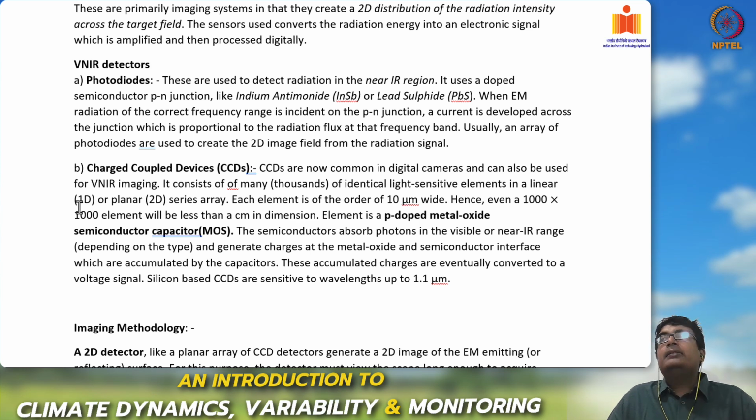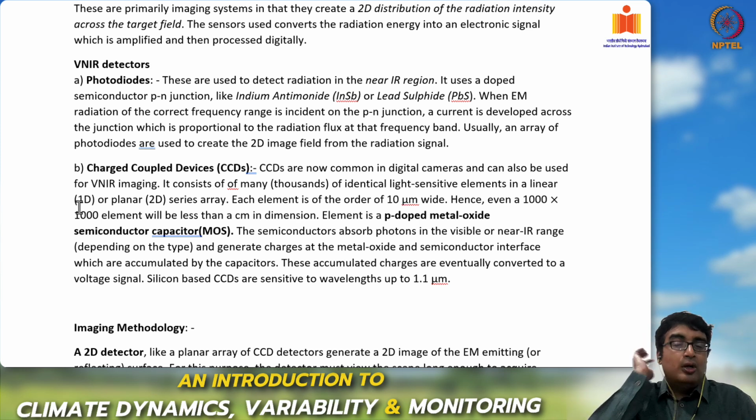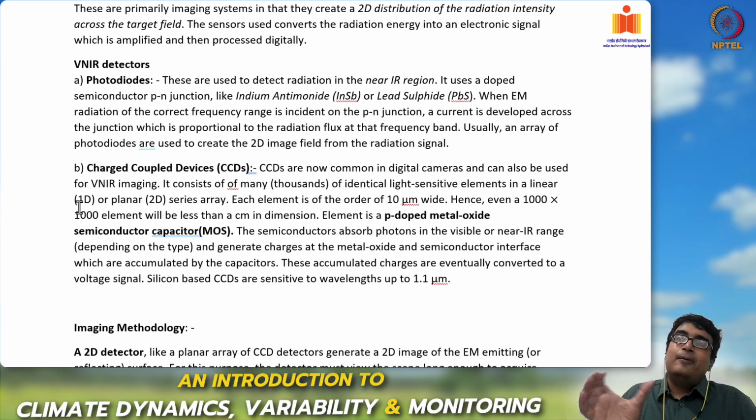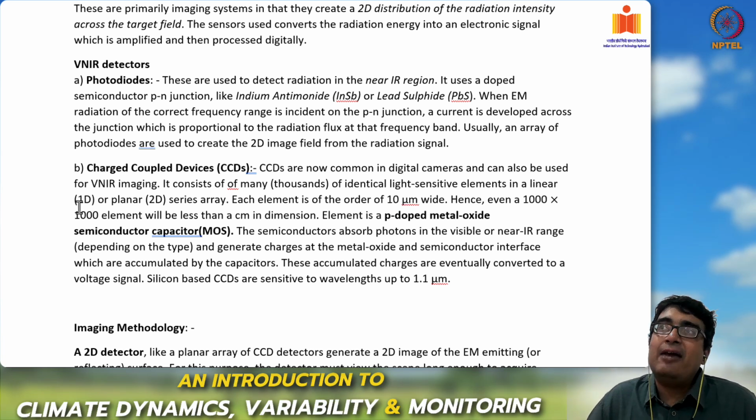However, the surface itself is moving during this time. So what the detector is seeing may be a combination of multiple locations that have moved into the field of view during the time of detection, creating a combined signal from multiple locations that is being interpreted as coming from a single location, which creates the blurring effect.